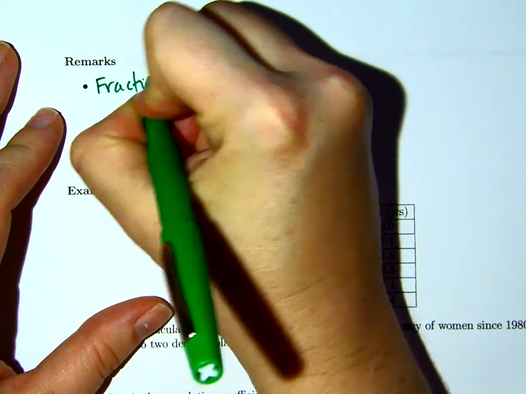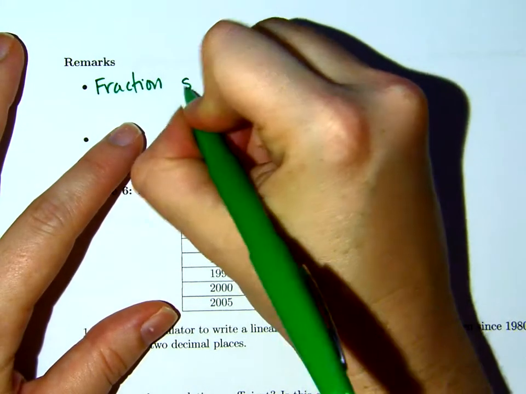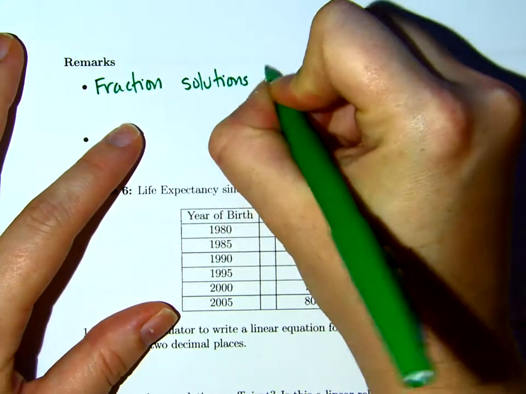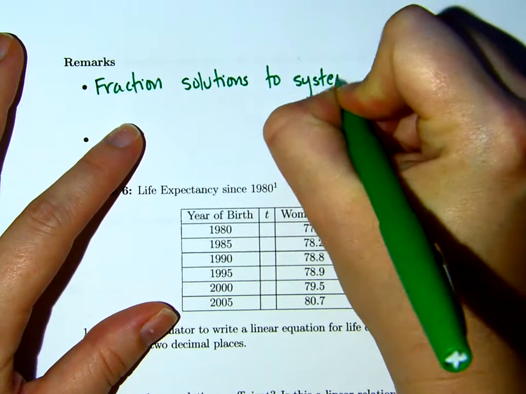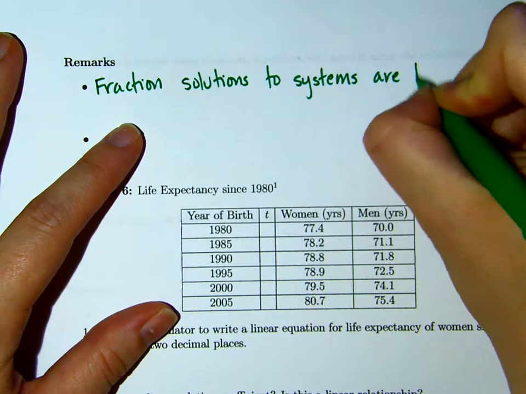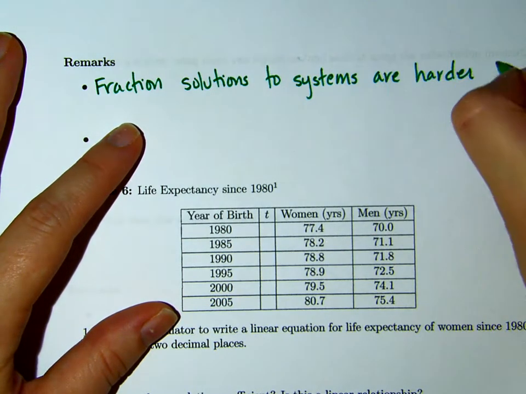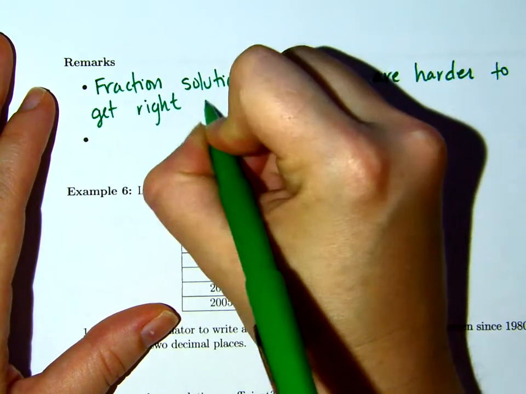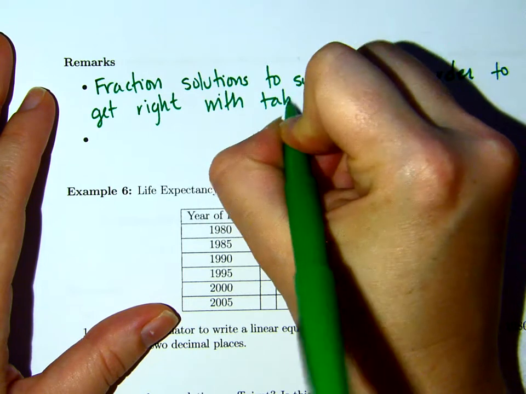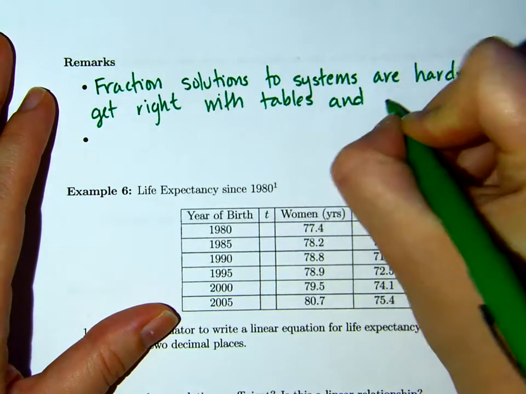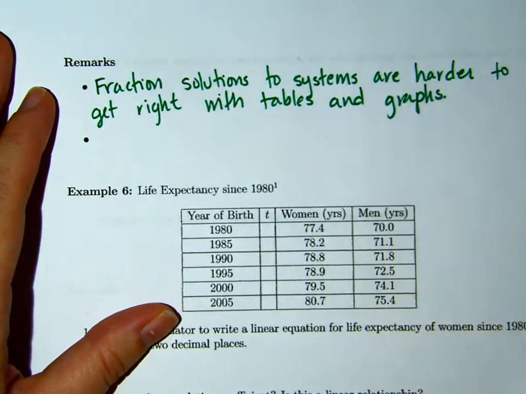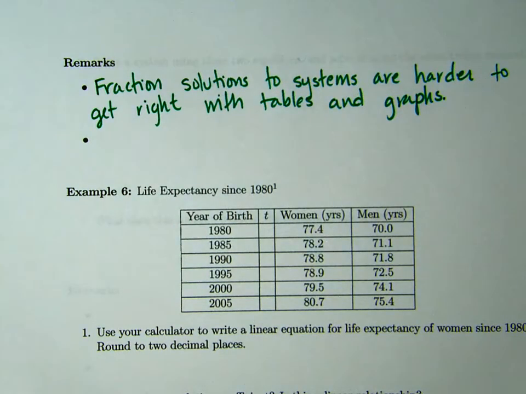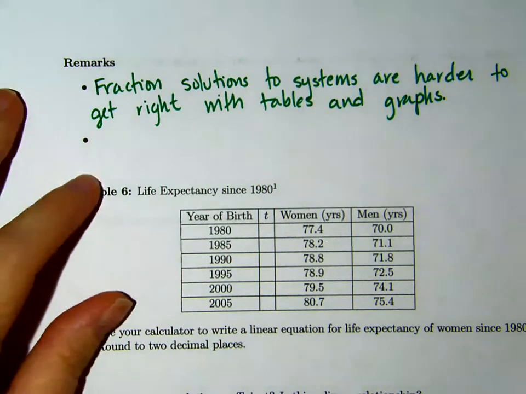Fraction solutions are harder to get right with tables and graphs. Just the way it is. It might have to get rounded, and sometimes we can make mistakes. It's just a little bit harder.